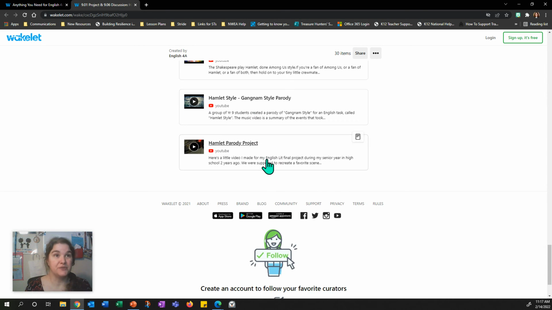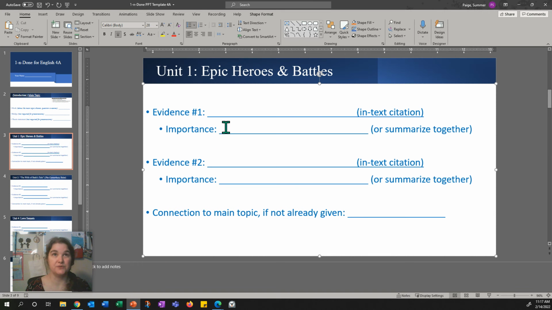Once you have your two pieces of evidence, you would make sure you do the in-text citation, you do the importance, you connect it to the main topic. So if my example were about sunshine and roses, and I find evidence that said sunshine is very important to learning English because blah, blah, blah, right?